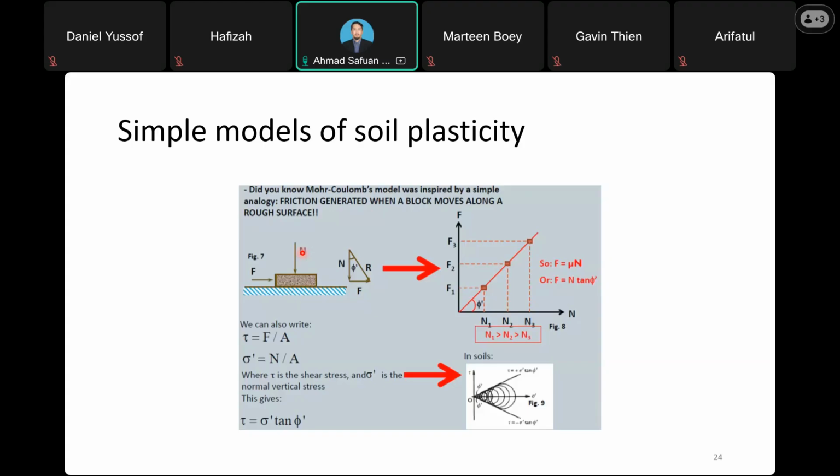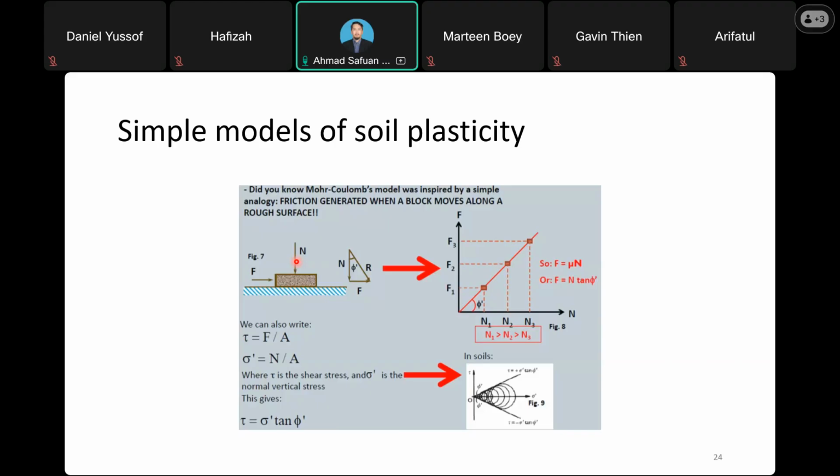Then a friction occurs, where tau is F over A, which is the area, with the direction parallel to the plane, and the normal force gives the effective stress, N over A. Here tau is the shear stress and the effective stress is the normal vertical stress.